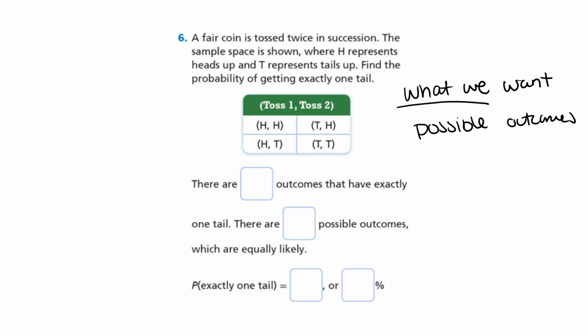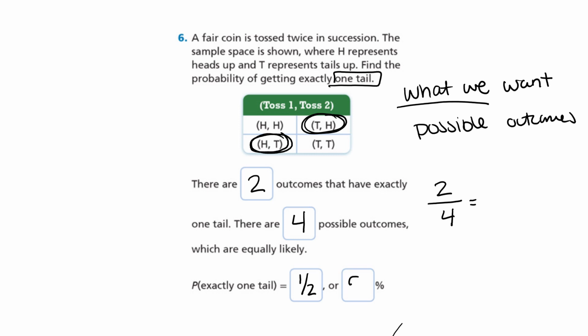If we want exactly one tail, that means we could get heads first and then tails, or we could get tails first and then heads, meaning 2 outcomes are possible that we want, and there are 4 outcomes possible total. So we would set up our fraction as 2 over 4. 2 divided by 4 simplifies into 1/2, which is 50%.